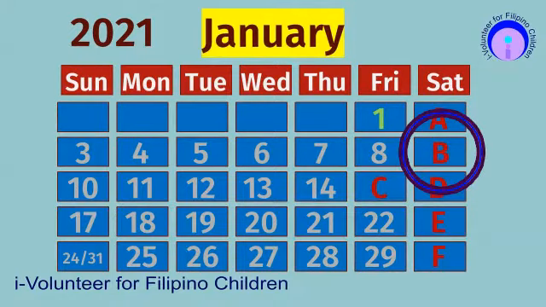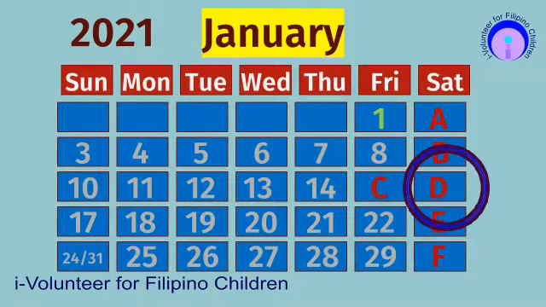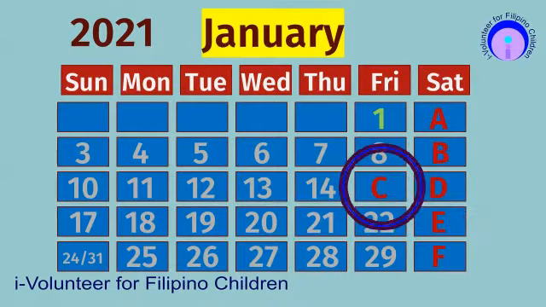Letter B represents January 9, 2021. Letter D is equal to B plus 7, which is 9 plus 7 is equal to 16. Therefore, D is equal to 16. 16 minus 1 is equal to 15. That represents January 15, 2021.